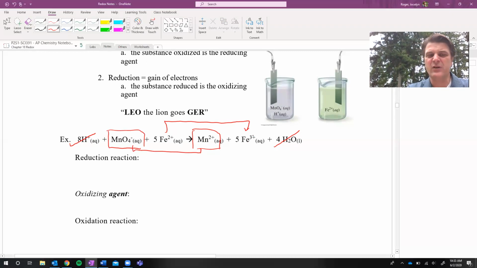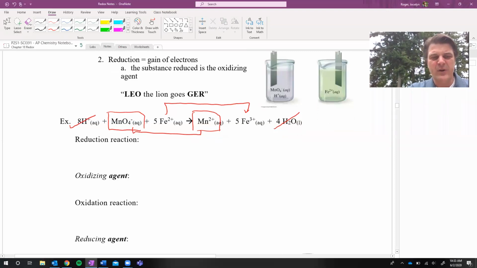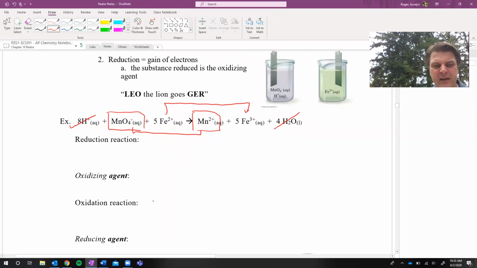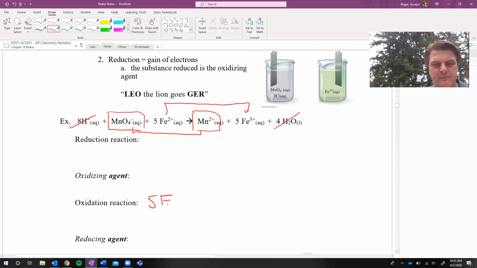Losing an electron is oxidation. So the oxidation reaction is 5Fe2 plus going to 5Fe3 plus, and of course there are 5 electrons that are produced.